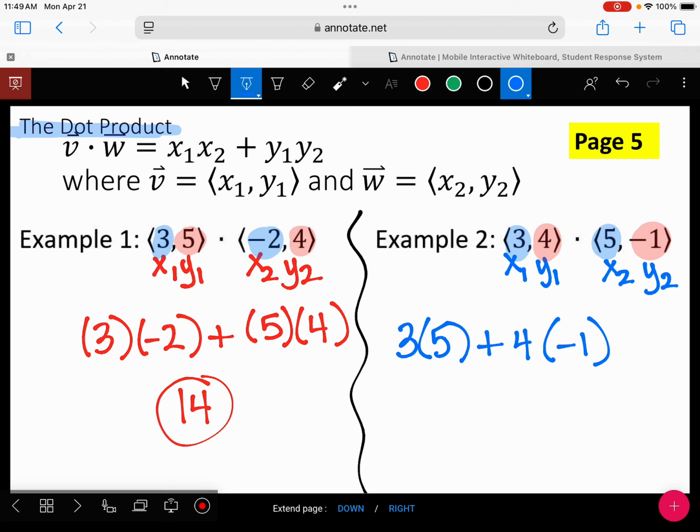All right, who got 11? All right, good. The reason why we need to know that is so we can find the angle, okay?